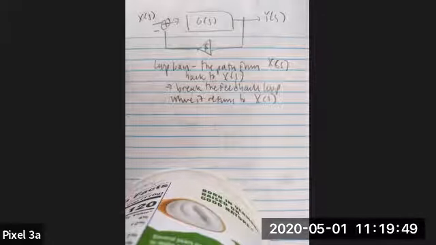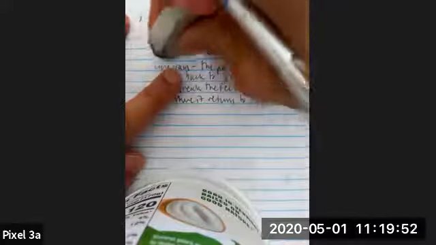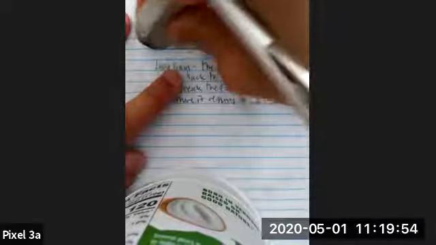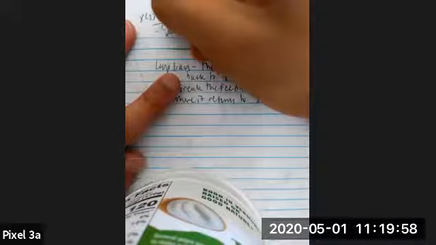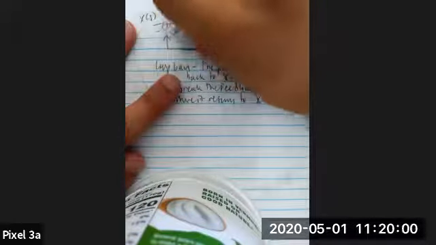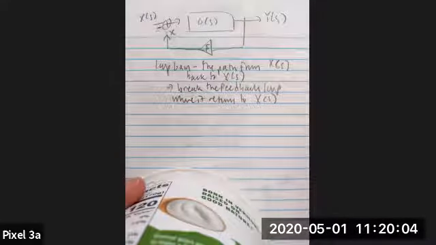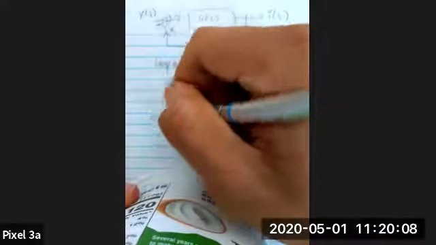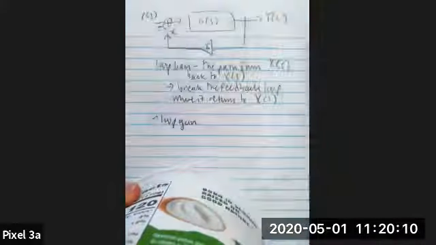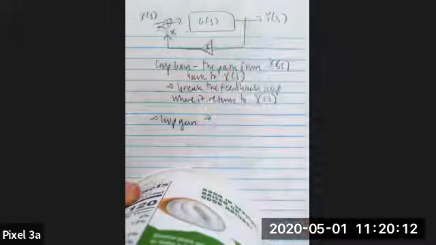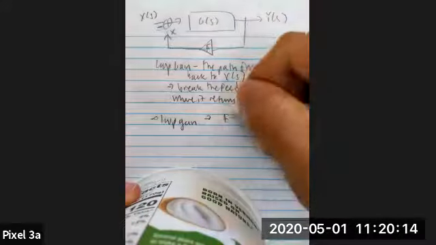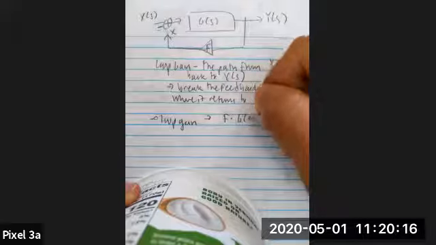So in this case, that means that I'm going to break the feedback over here. So this is broken. This would have been a minus sign over here. And so depending on your definition, the loop gain is therefore f times g of s.